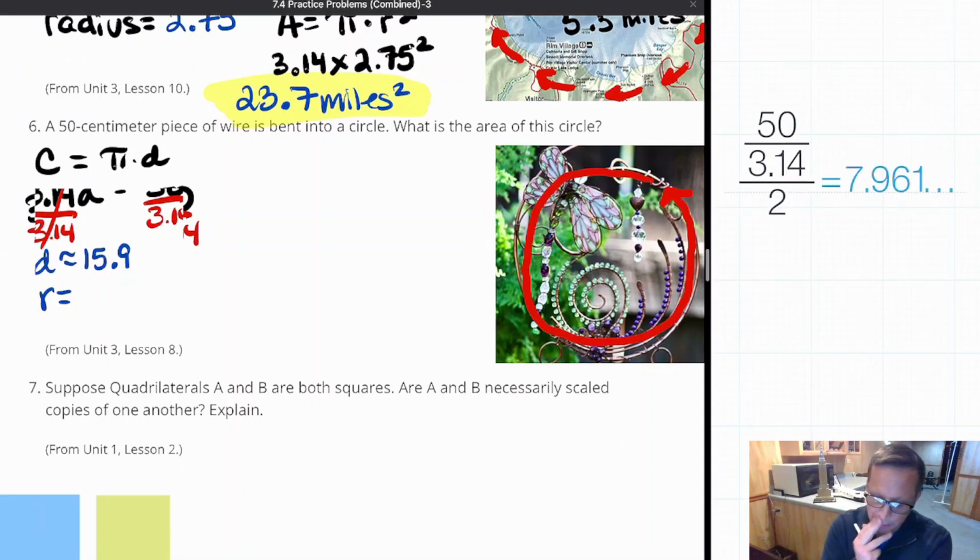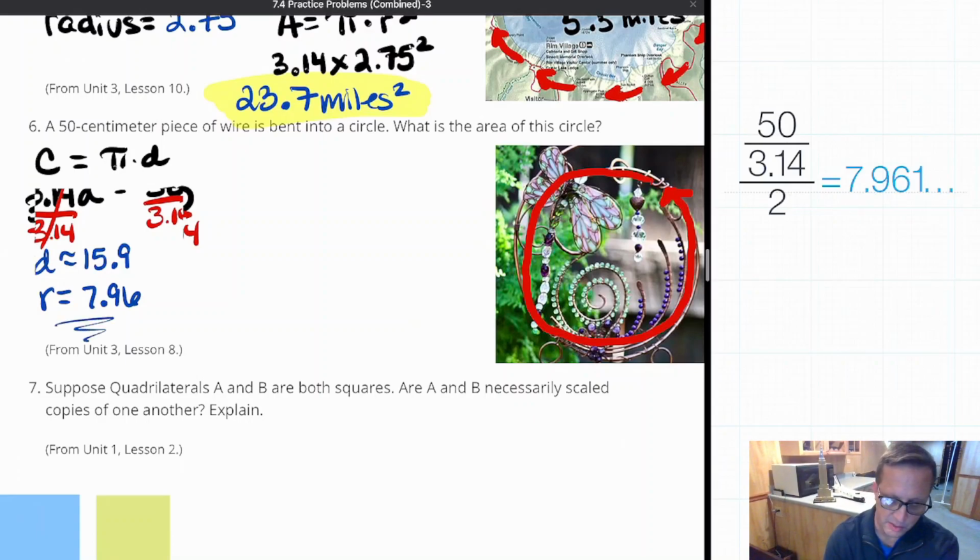Oh yeah, it does. So 7.96, which, maybe I should have used 2 decimal places. But the radius, maybe I'll just keep it 7.96. How about that? Not to confuse everybody. 7.96. All right, and that's going to be the number we're going to use to find area.